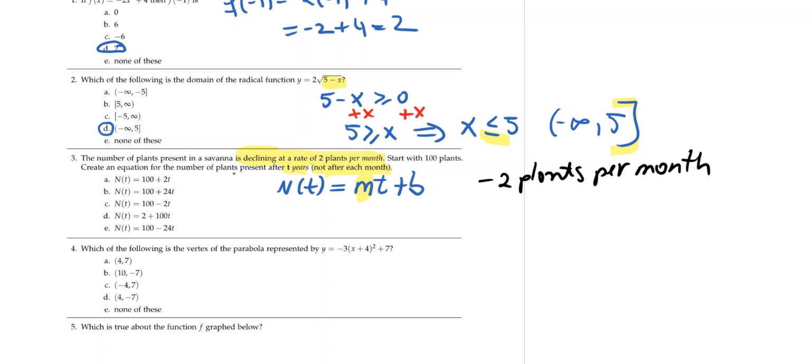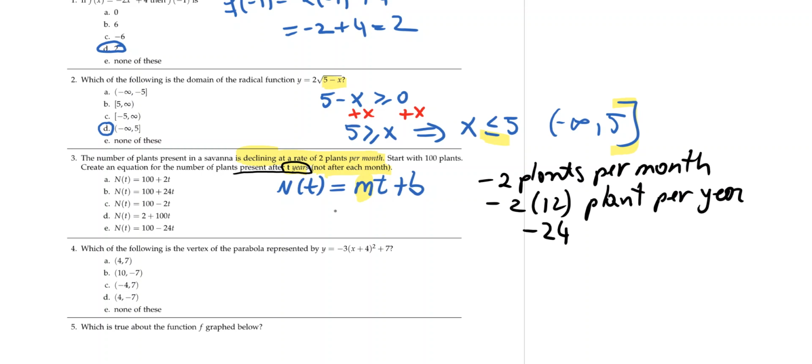But we are asked to find the formula for t where t is in years, so if it's minus 2 plants per month, that will be minus 2 times 12 plants per year. So the actual slope is -24. Alright, so then this will be N of t equals minus 24t plus b. b is how much you started with at the beginning.